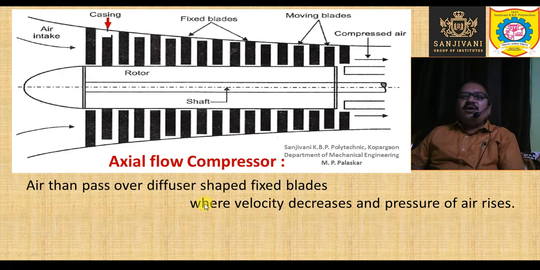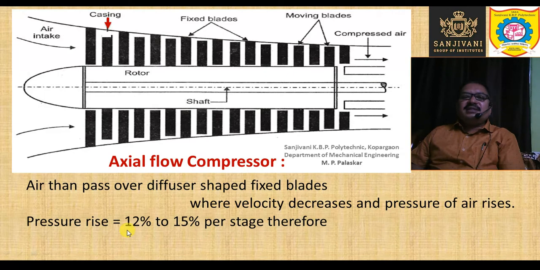So on these diffuser shaped fixed blades, the velocity of the air will decrease and the pressure of the air will increase. That means the kinetic energy of the air will be converted into pressure energy as the air passes over the diffuser shaped fixed blades.